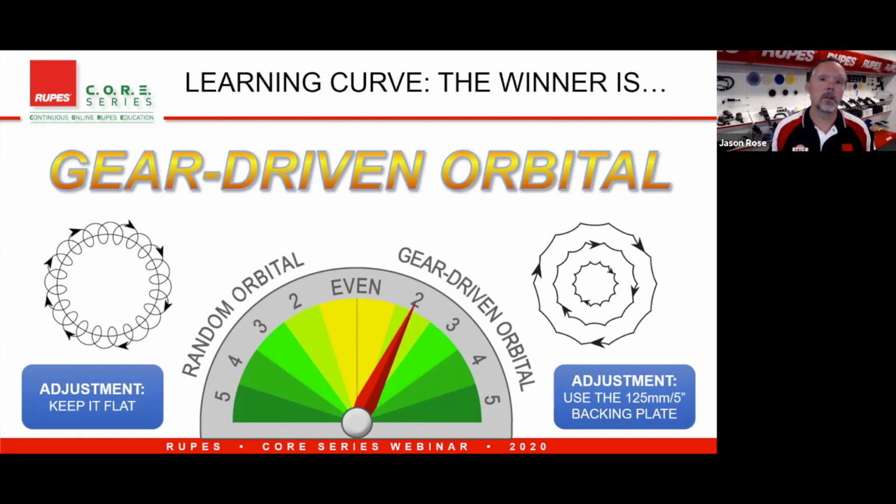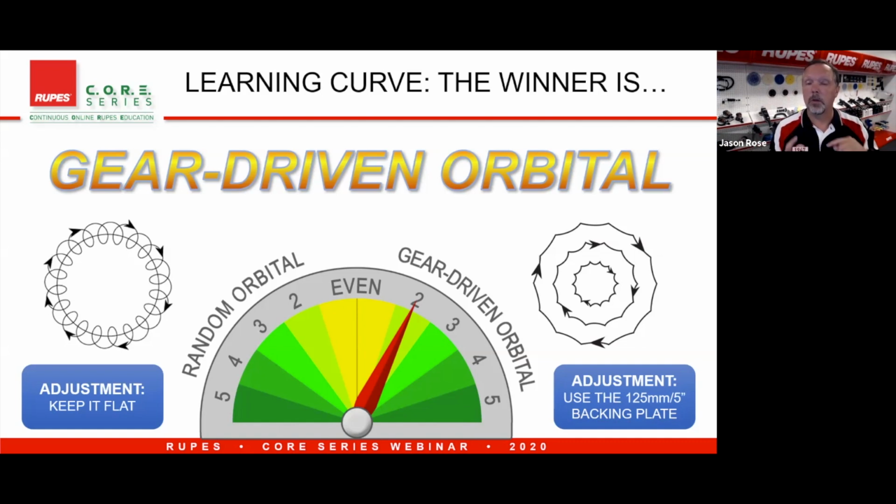But there is one thing you do need to figure out with the BigFoot Random Orbital, and that is to manage that free spinning rotation. So it is one thing you got to learn. Now, our peak performance adjustment tip for the gear-driven orbital is to simply use the smaller backing plate here, and that will be easier to learn than a bigger backing plate, which is true of all tools with a forced rotation.